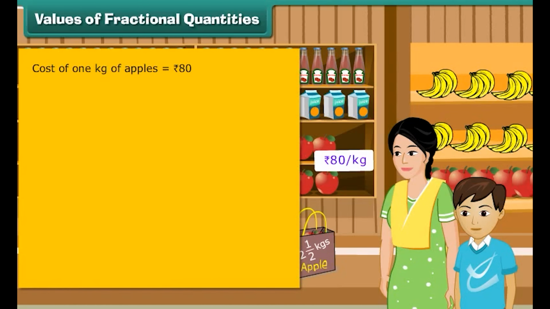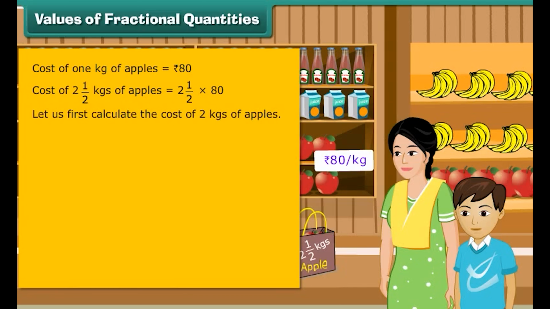Cost of 1 kg of apples is rupees 80. Cost of 2.5 kgs of apples is equal to 2.5 multiplied by 80.